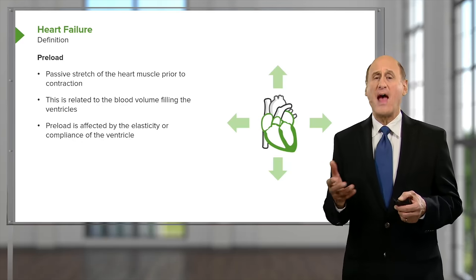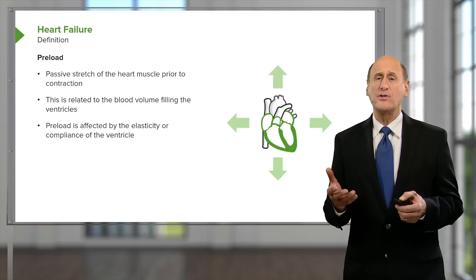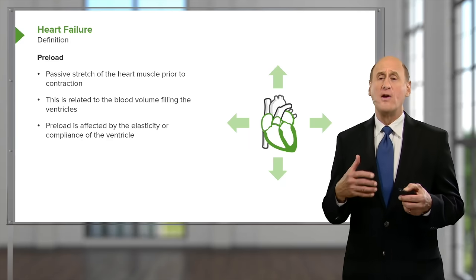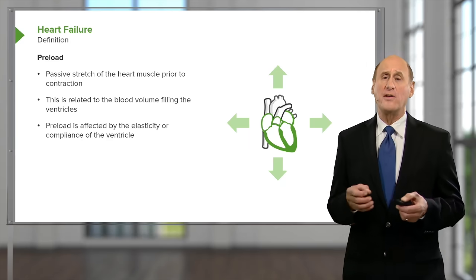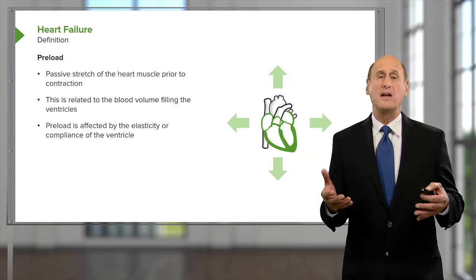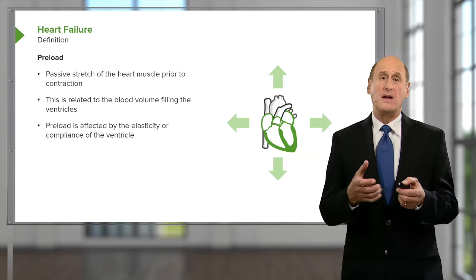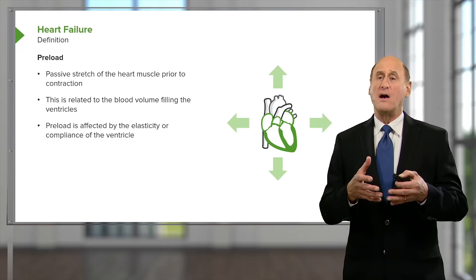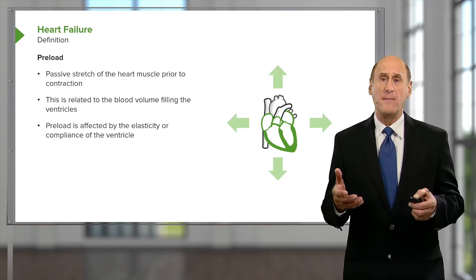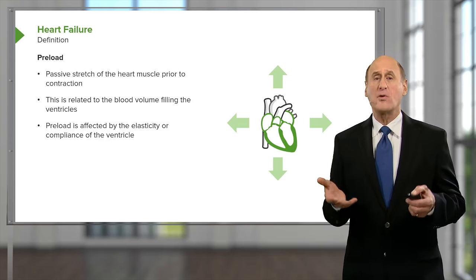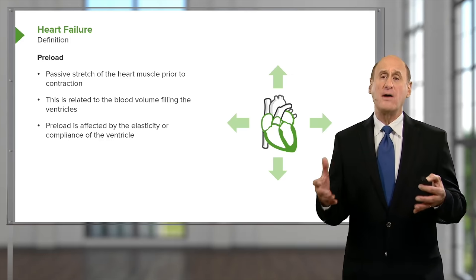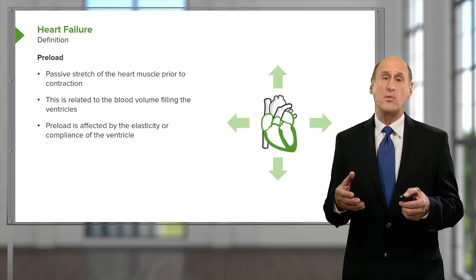There are a number of factors that are referred to when we talk about heart failure, and you'll remember some of these factors from the basic lectures on heart function. Remember preload. Preload is filling of the heart, so it's a manifestation of the size of the ventricle when it fills up. When you have increased blood volume, you increase the preload, that is, the amount of volume that the heart has to squeeze out.